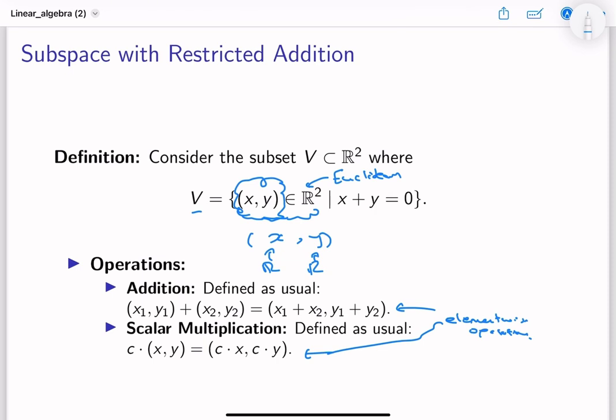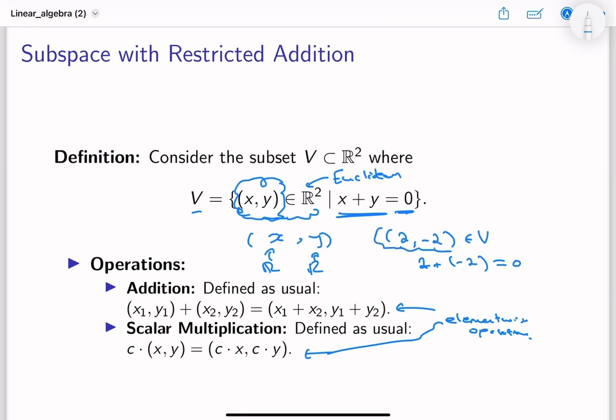We're going to take the set of all tuples, and we're going to require that their sum is 0. So for example, the element 2, -2 is in V, first of all because 2 and -2 are real numbers, and second because their sum is 0. This makes 2, -2 in V, right?